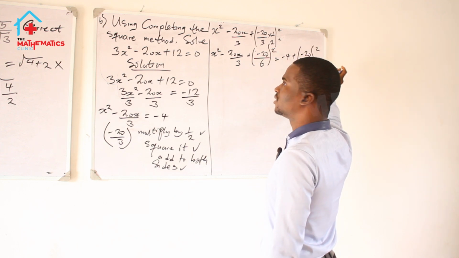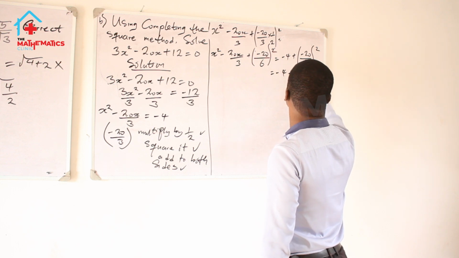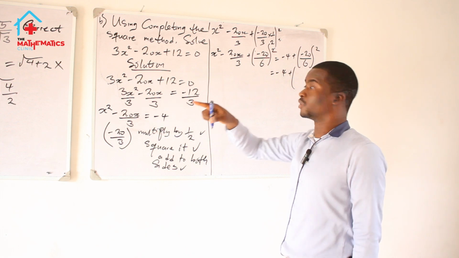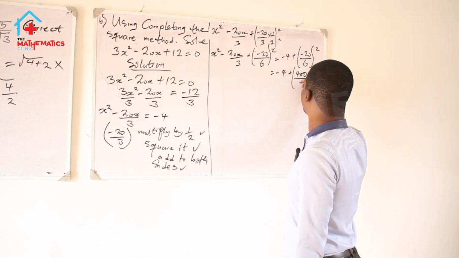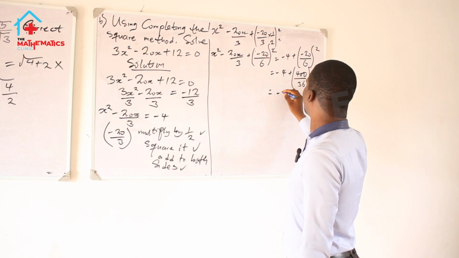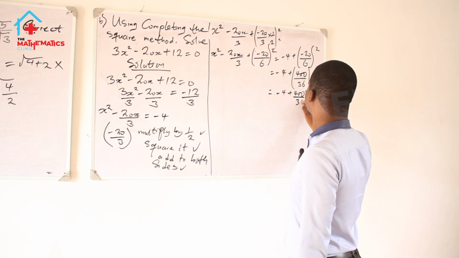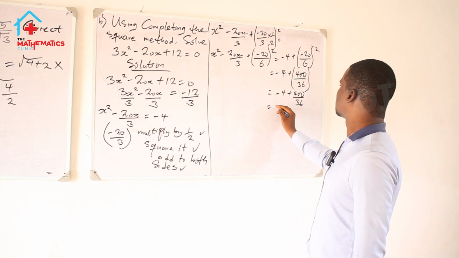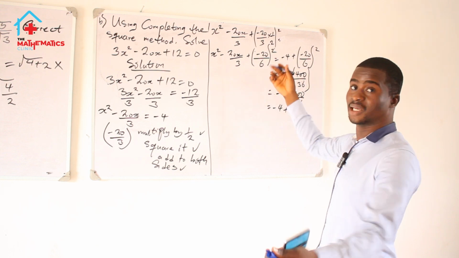Okay, so let me simplify the right hand side. Minus 4 plus minus 20 squared would give 400, since minus 20 multiplied by minus 20 gives 400, all over 6 squared, which gives 36. So we are having minus 4 plus 400 over 36. We can simplify 400 over 36 using the highest common factor, 4.